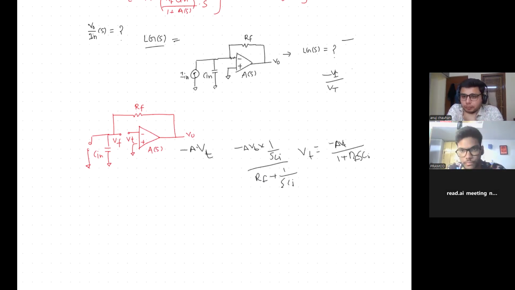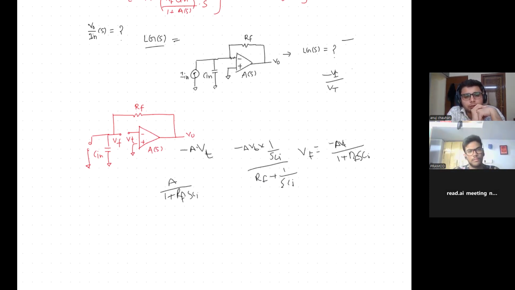So this is the VF. We want minus VF by V test. So the loop gain equals A by 1 plus RF into S C in. So this is the complete mathematics; you followed it and got the answer.